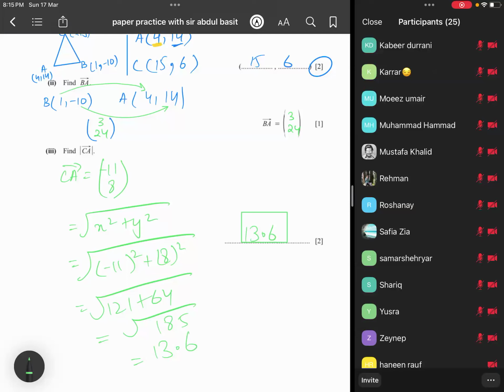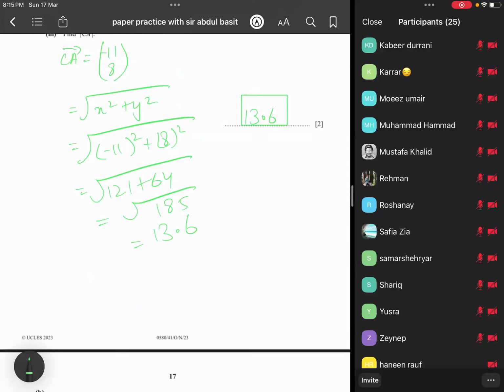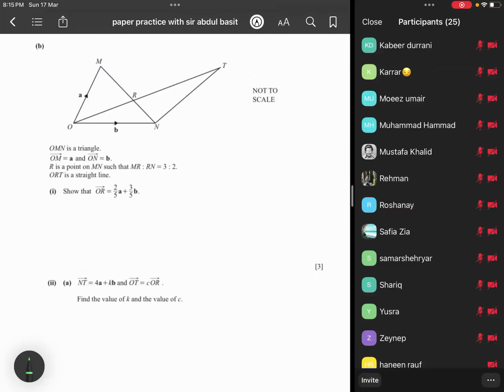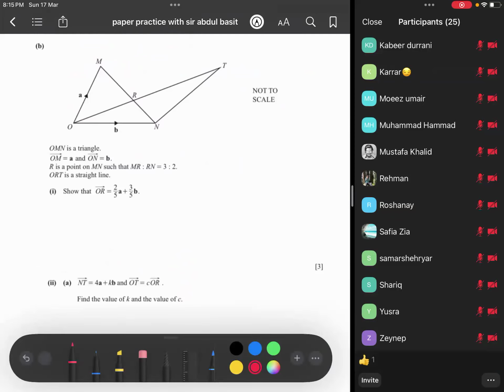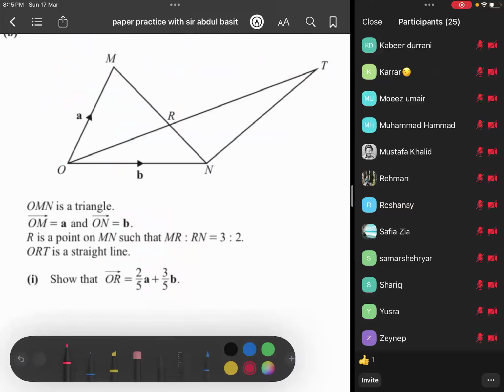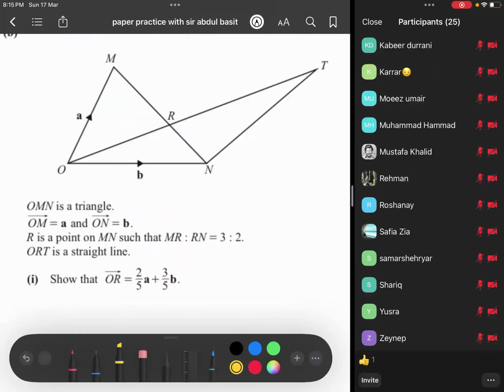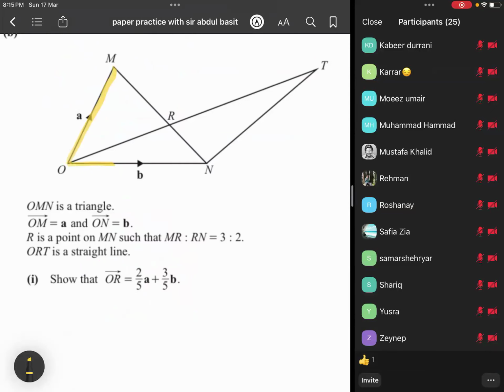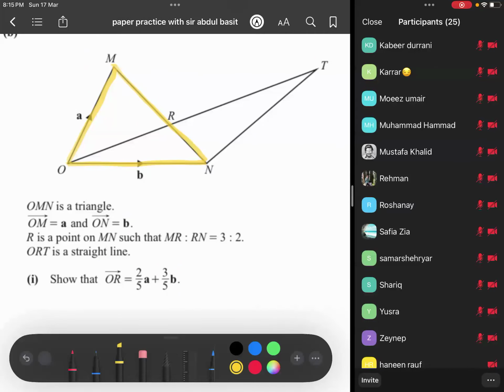Okay, any problems so far, bacha? No, sir. Okay, look at the question from vectors again. OMN is a triangle. Okay, let me shade this first. OMN. Beta, I can see O to N here, so let's find out M to N first, then we will discuss the question.